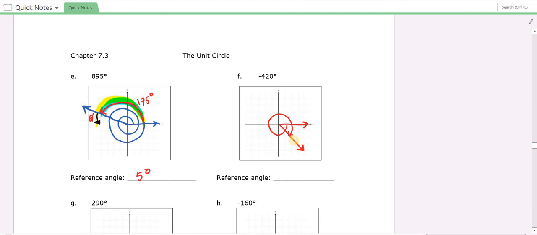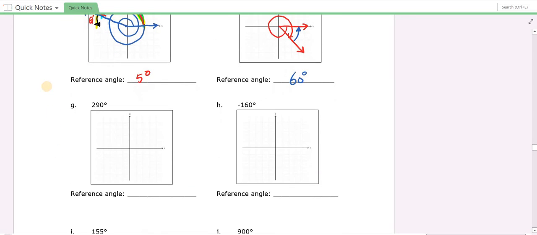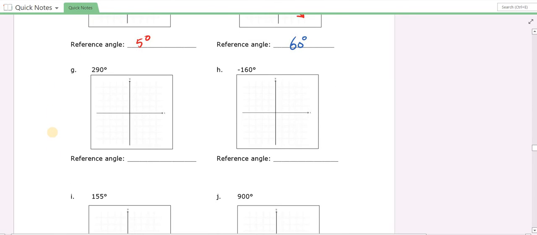Basically, my reference angle is going to be this much, and I know this is equal to 420 minus 360, or negative 420 plus 360. Doesn't matter how you compute it, it's just the difference between 360 and 420, and this happens to be 60 degrees. We know that our reference angle is always going to be positive, so we're going to say this is positive 60 degrees.